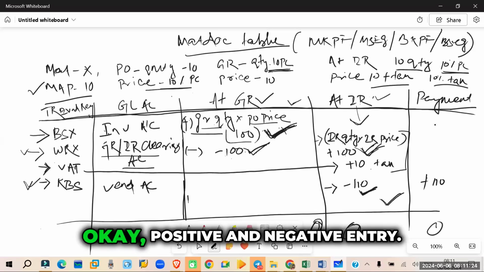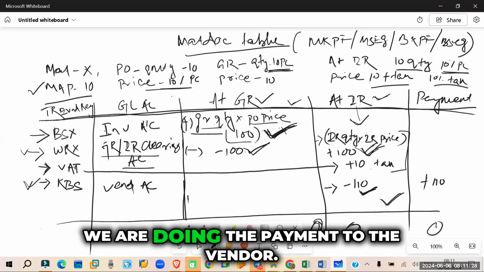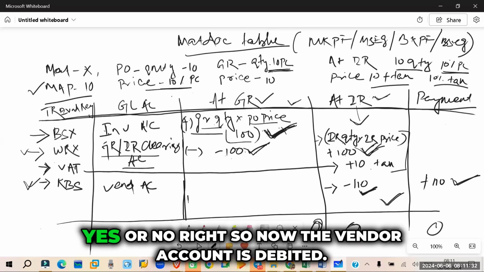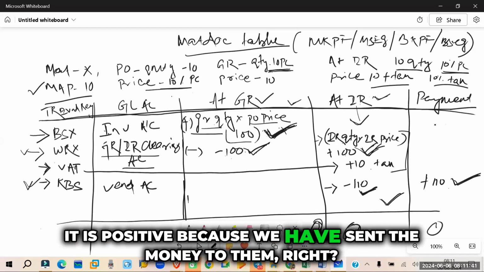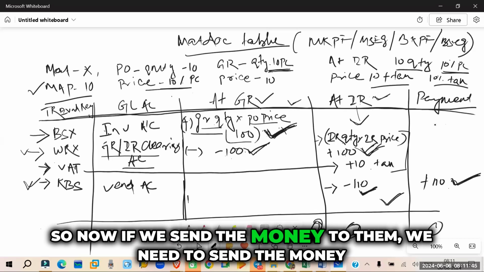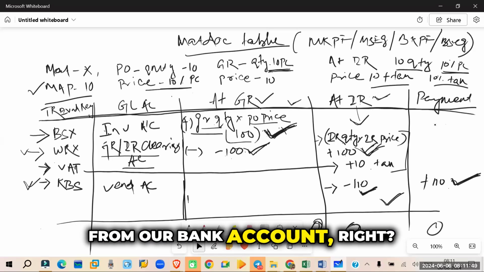Positive and negative entry. A similar thing happens at the payment. We are doing the payment to the vendor, we need to pay the vendor, right? Yes, sir. Now the vendor account is debited, it is positive because we have sent the money to them. If we send the money to them, we need to send it from our bank account.